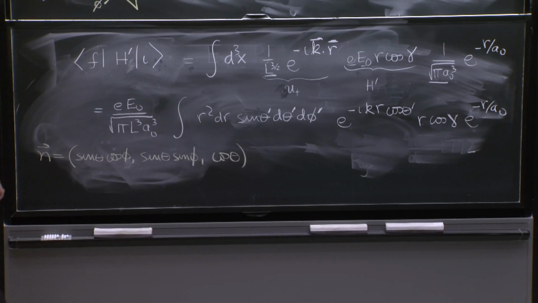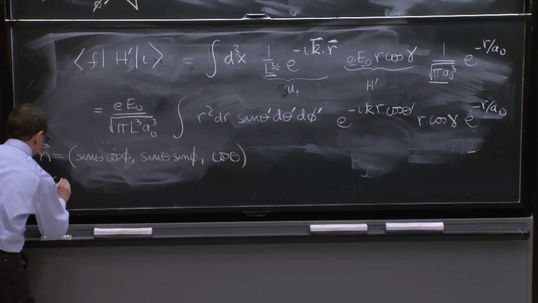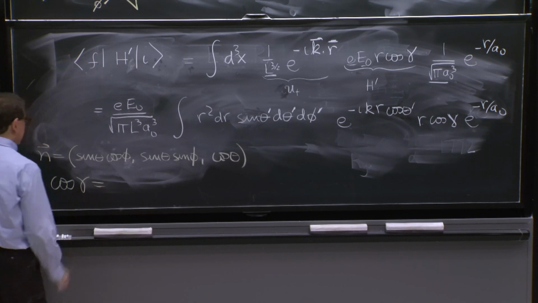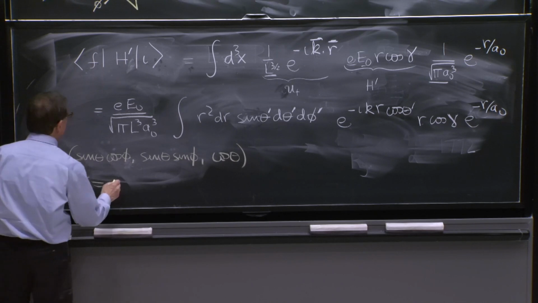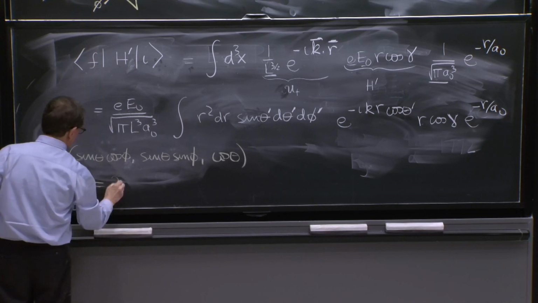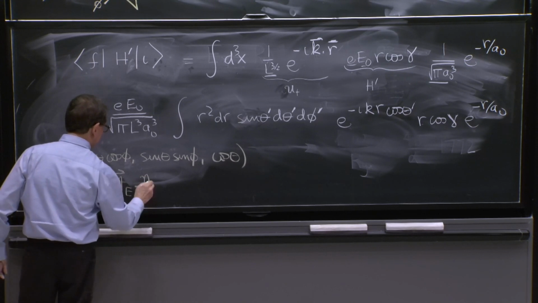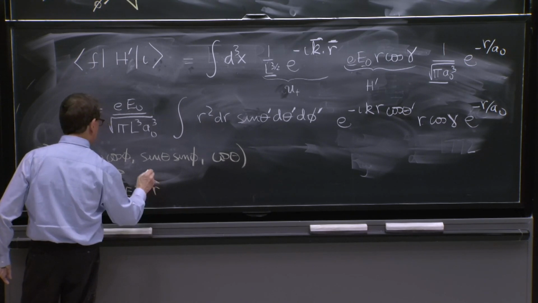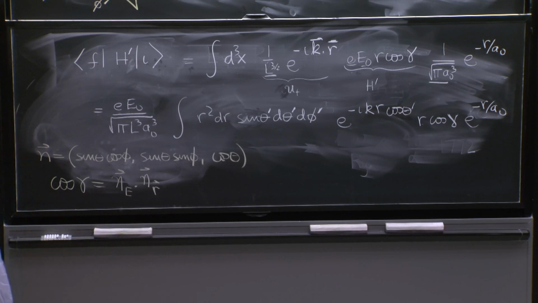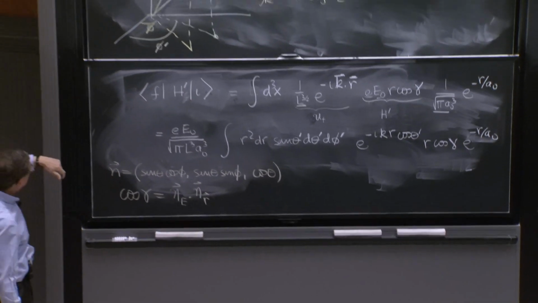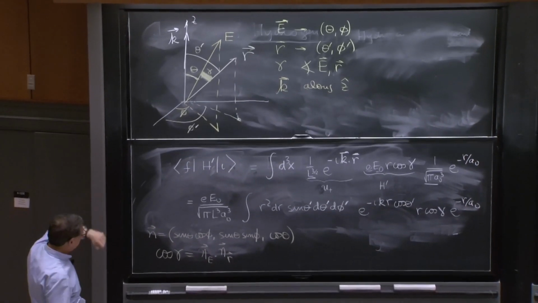So cosine gamma is the dot product of a vector n along E times a vector n along R. And the vectors n along E and R are just with theta and phi in one case, and theta prime and phi prime in the other.